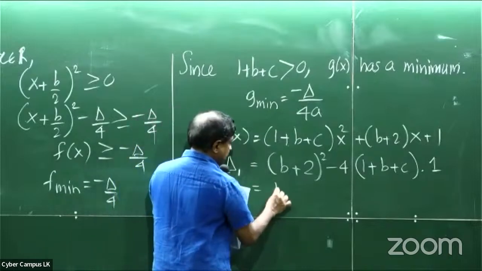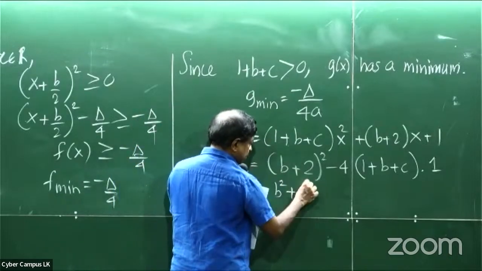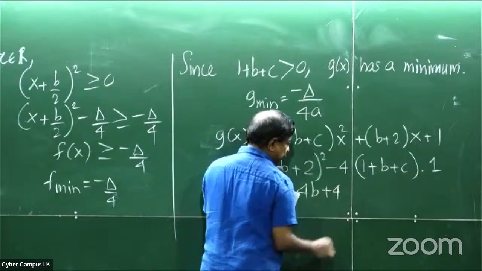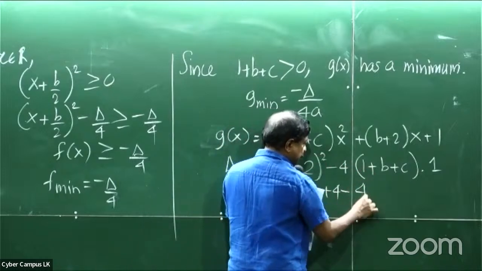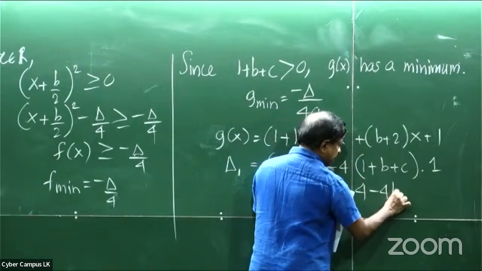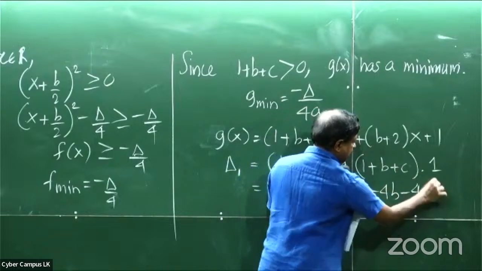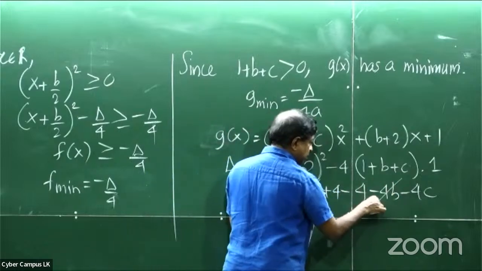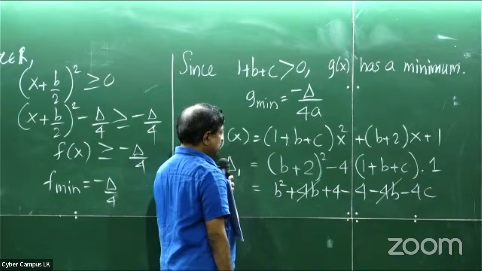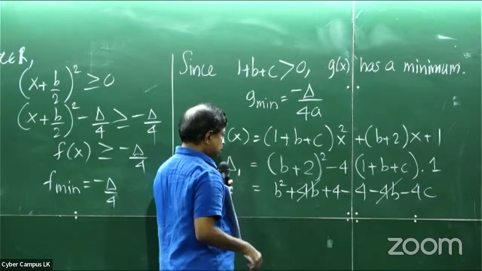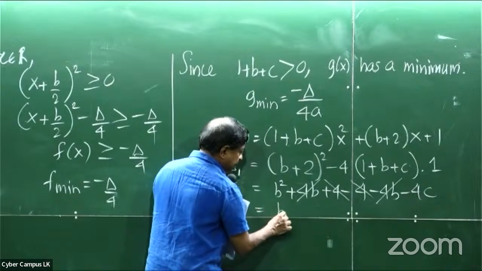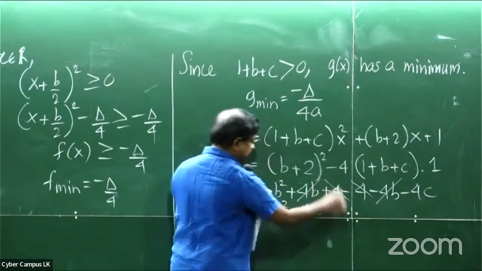We'll expand this. B squared plus 4B plus 4, then minus 4 minus 4B minus 4C. Look what happens. These two will go away. These two will go away as well. So you get B squared minus 4C.